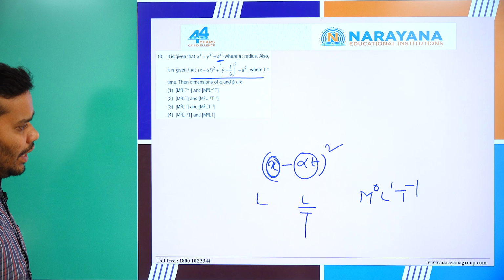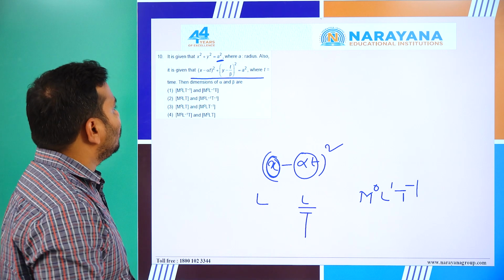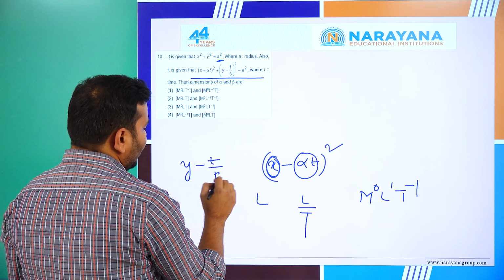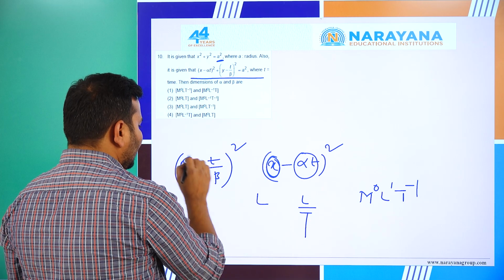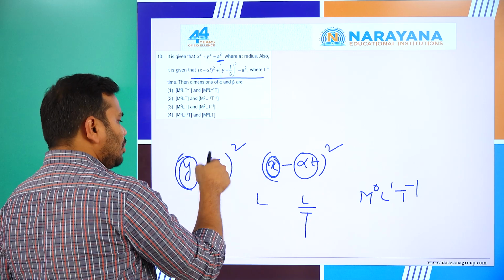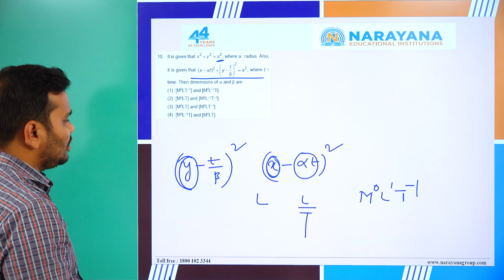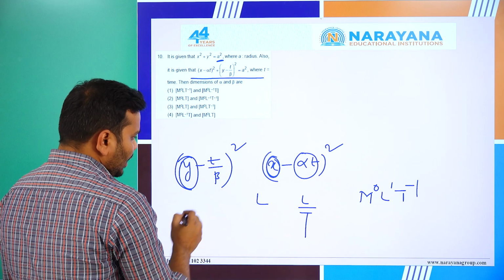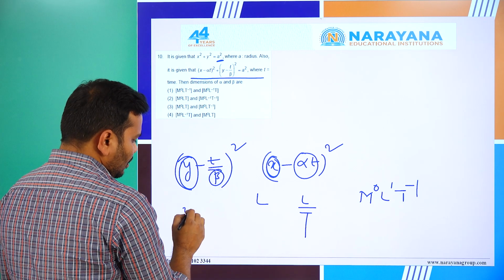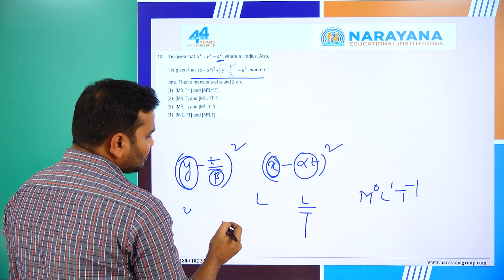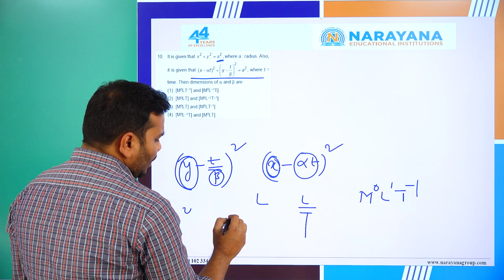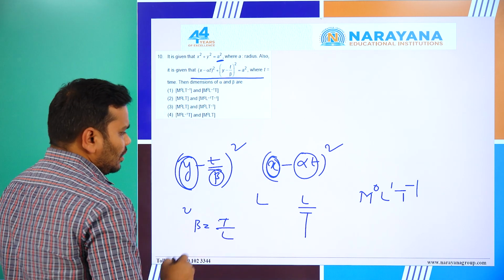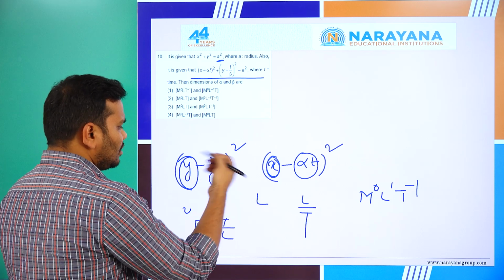Next, they are asking about beta also. For beta, check the term (y minus t by beta) whole square, and y has the dimension of length. So t by beta must have the same dimensions as y. There should not be any dimension of t left, so the dimensions of beta are t by L. Then if you substitute that here, time gets cancelled and you will get length.